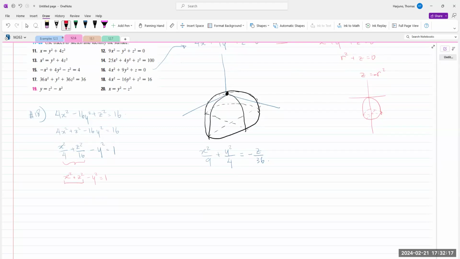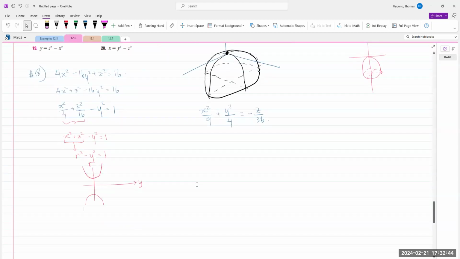And if I call this R, this is R and this is Y, it looks like this. Hold on. X, C, R. But then I will spin it along the y-axis.